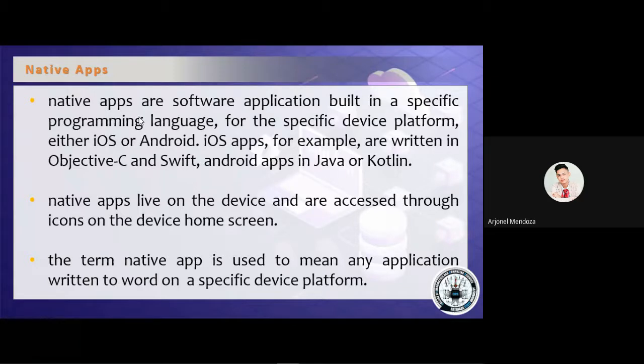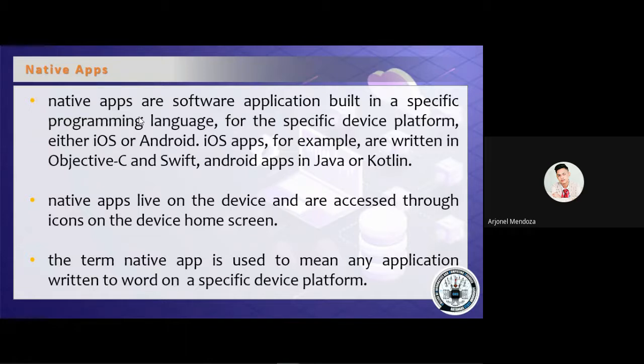Kumbaga, different device ginawa si application for that specific device. Di ba kung mapapansin nyo, merong application na meron kay iOS na wala kay Android, meron kay Android na wala kay iOS. Tama? Katulad ng Safari, kay Android, Google Chrome.